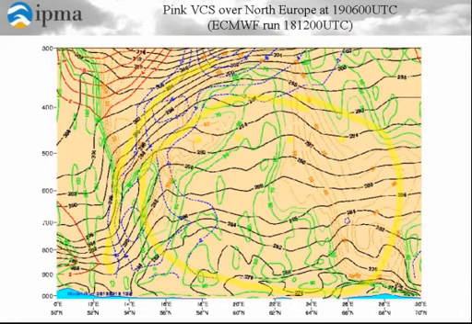We cannot see this area very well, but it's almost a V shape, so it might be in an occlusion phase.